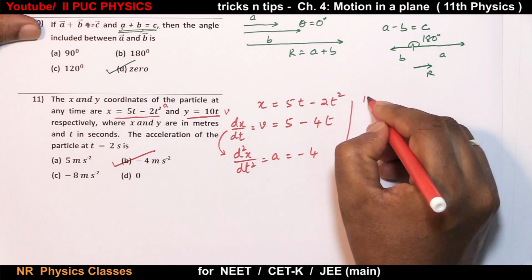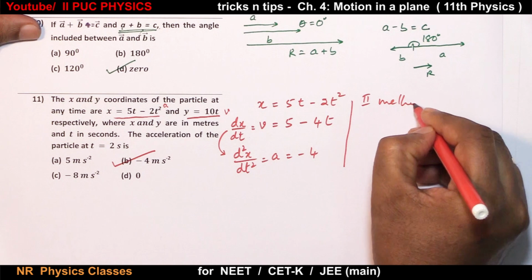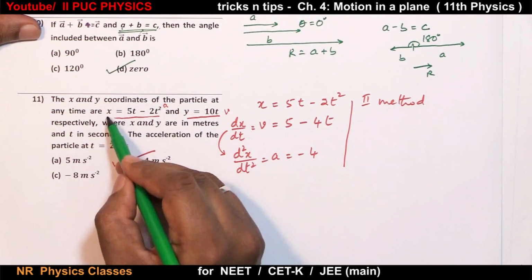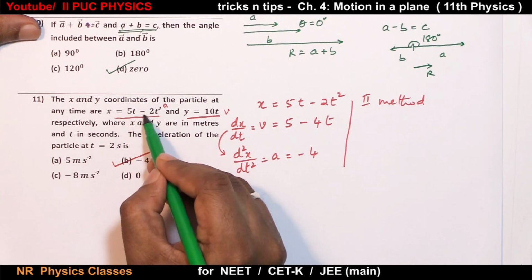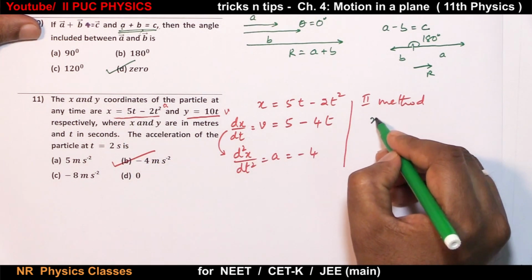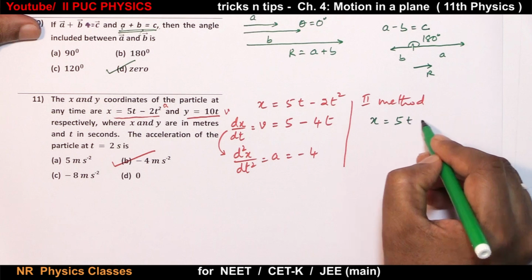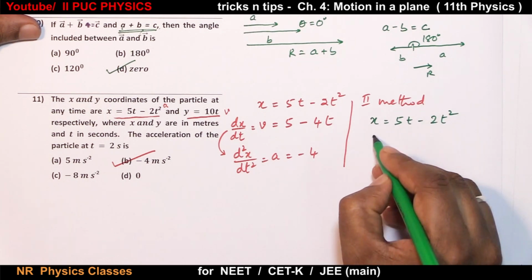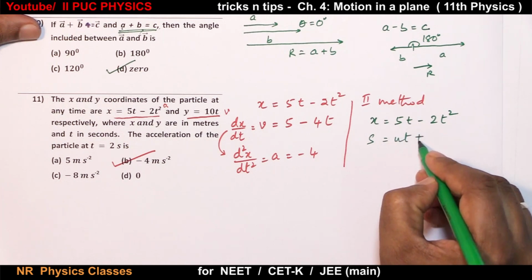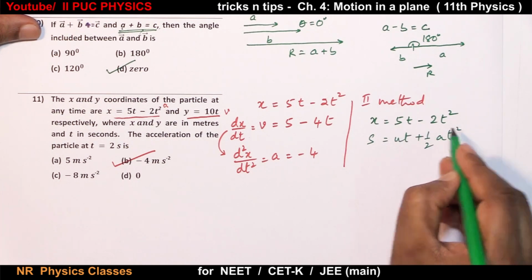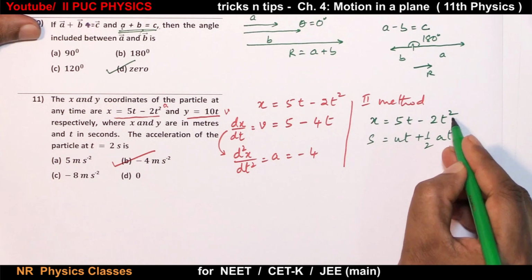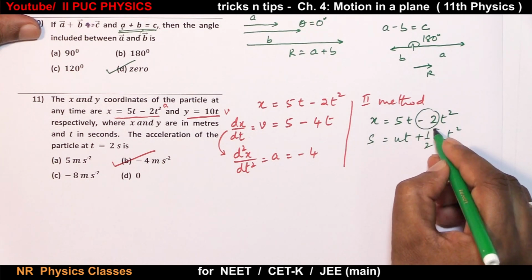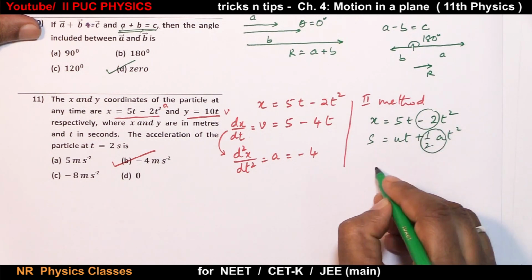Now the second method. x equals 5t minus 2t square. This is of the form s equals ut plus half at square. Displacement, time square, fine. So in place of half a, we have minus 2.